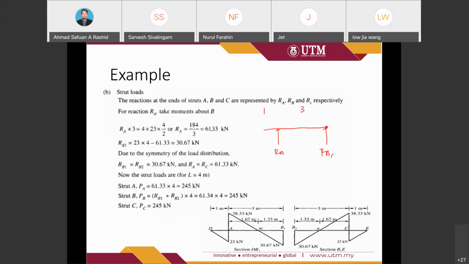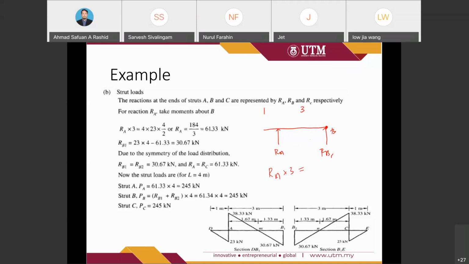By using the concept of moment, we may solve the problems. Referring to B, for example, to get the RA, RA times 3, which is the distance between RA to B, based on the equilibrium approach.